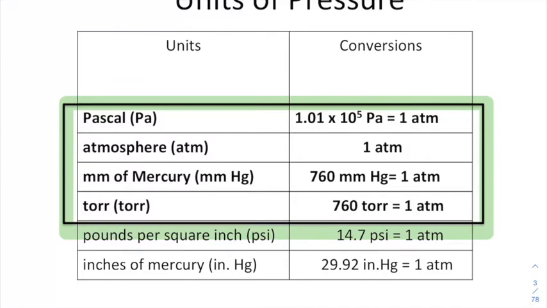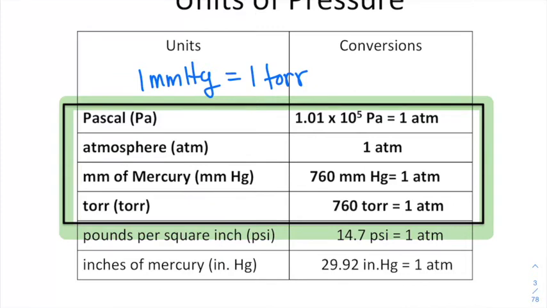Then 1 atmosphere is 1 atmosphere. Then millimeters of mercury, 1 atm is exactly 760 millimeters of mercury. And then torr, 1 atm is exactly 760 torr. And then we talked about a minute ago that 1 millimeter of mercury equals 1 torr.